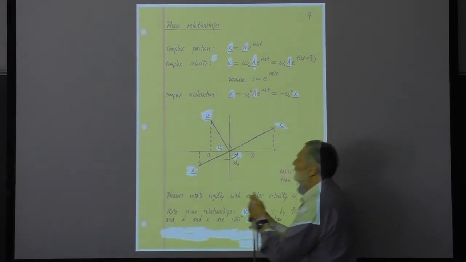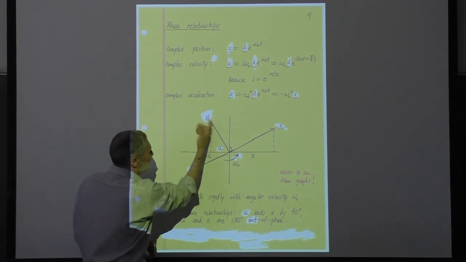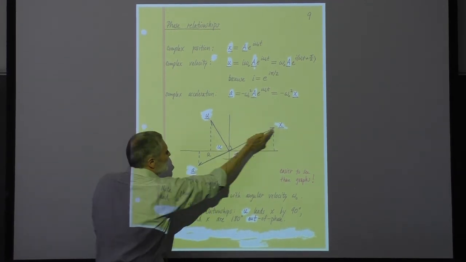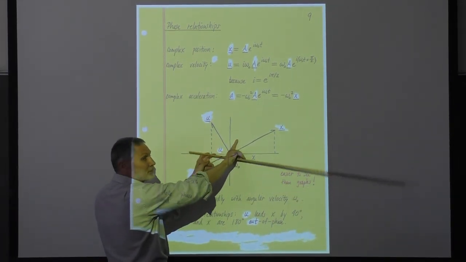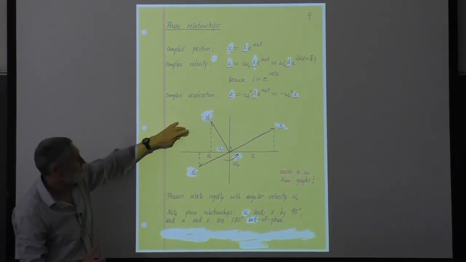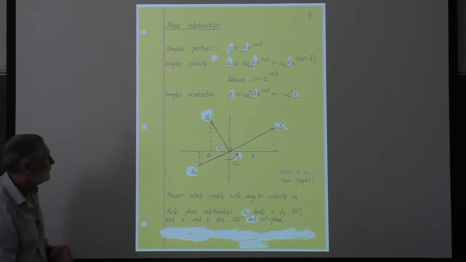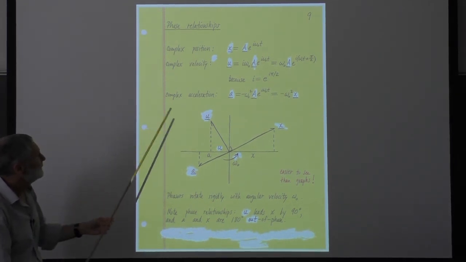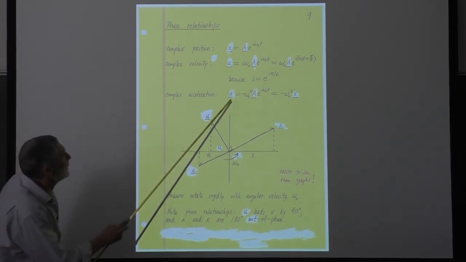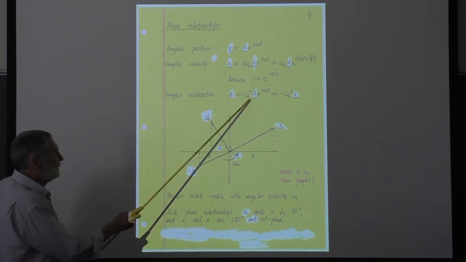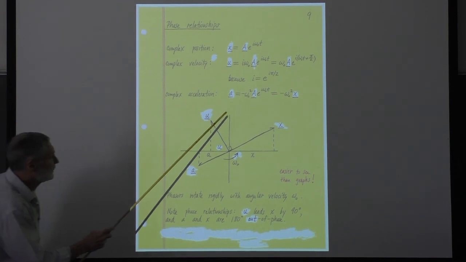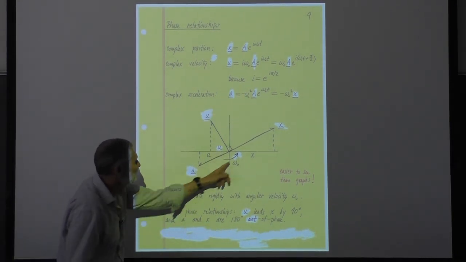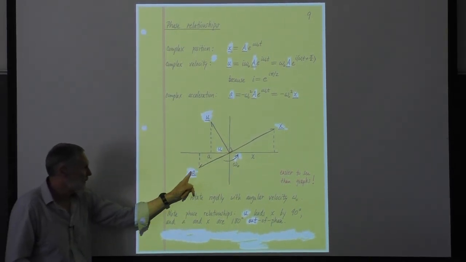So we can represent it graphically here. We use this arrow or point. This x is going around like this. These are rigidly attached here, and they're going like that. The velocity is 90 degrees ahead in phase. And what about the acceleration? The acceleration is 180 degrees out of phase. It's totally out of phase with the position. So it can be represented by just an arrow going directly the opposite direction.